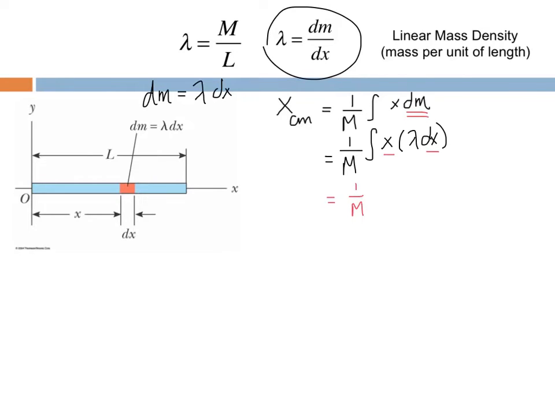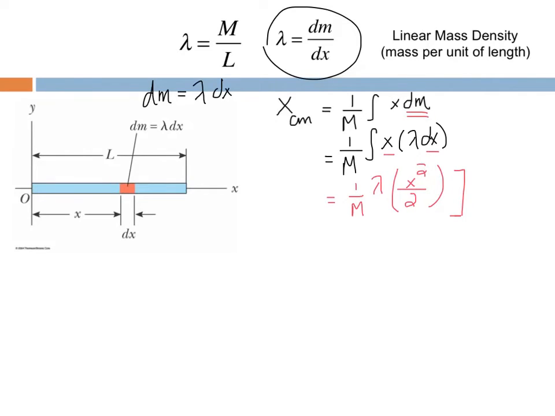In this case, my lambda is a constant, so I'm going to pull that out. And this becomes x squared over 2. Now, this integral has to be evaluated by our limits of x.